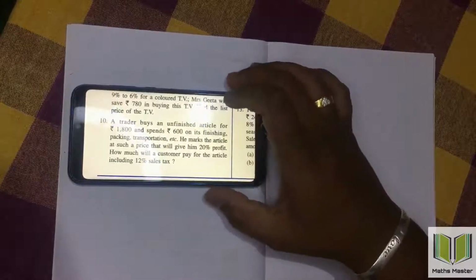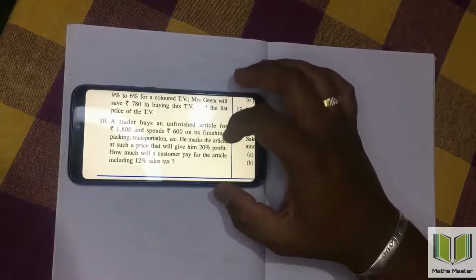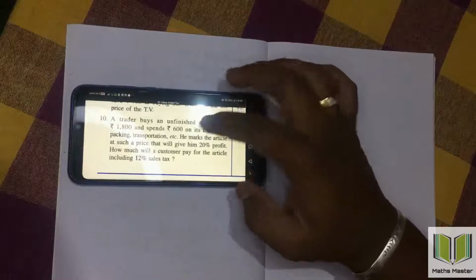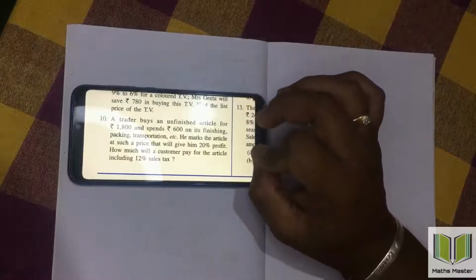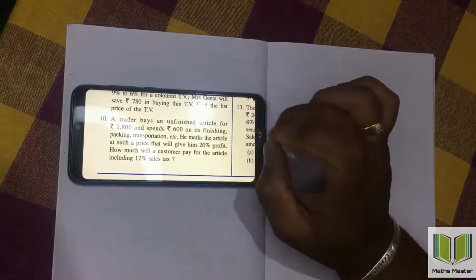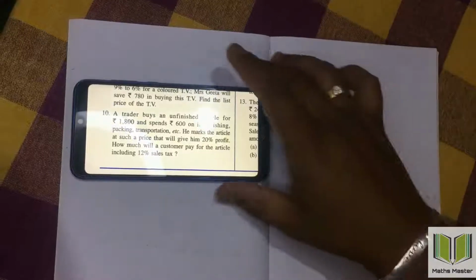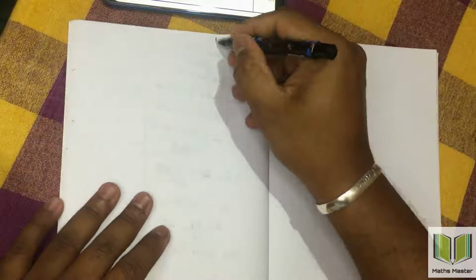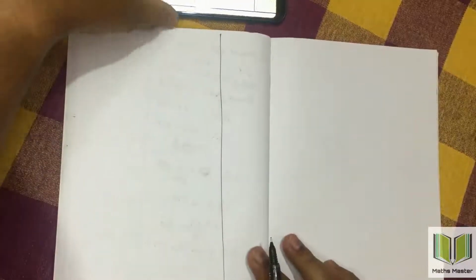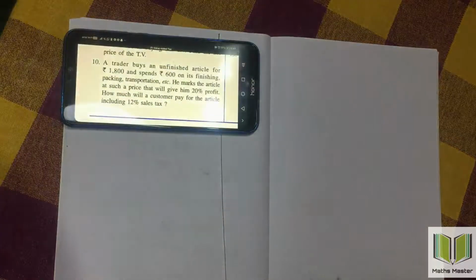Okay, a trader buys an unfinished article for 1800 and spends 600 on its finishing, packing, transportation, etc. He marks the article at such a price that will give him 20% profit. How much will a customer pay for the article, including 12% sales tax? The question is quite simple. In this case, we'll include another term which we have not done till now, that is cost price.